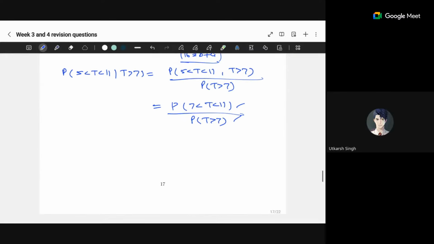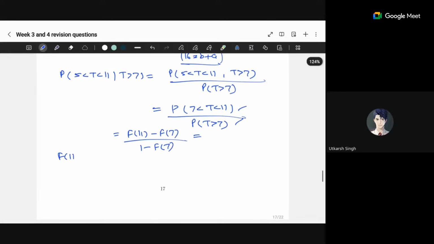So the probability that you need to find out is basically F of 11 minus F of 7, divided by 1 minus F of 7, correct? Now what is F of 11?